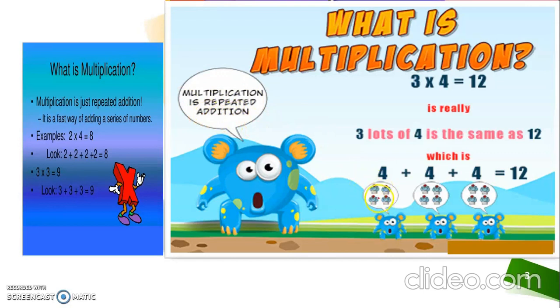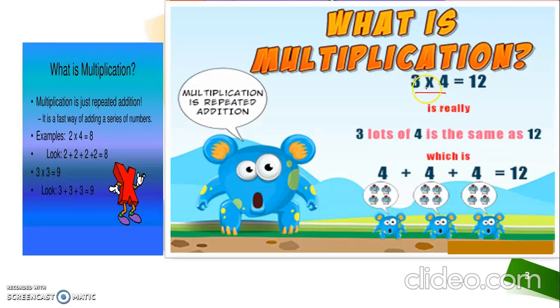Here we have 1, 2, 3 sets or groups. And in each set we have 1, 2, 3 and 4 objects. So, in form of addition, it can be written as 4 plus 4 plus 4 is equal to 12. Now, in form of multiplication, it can be written as 3 multiplied by 4.